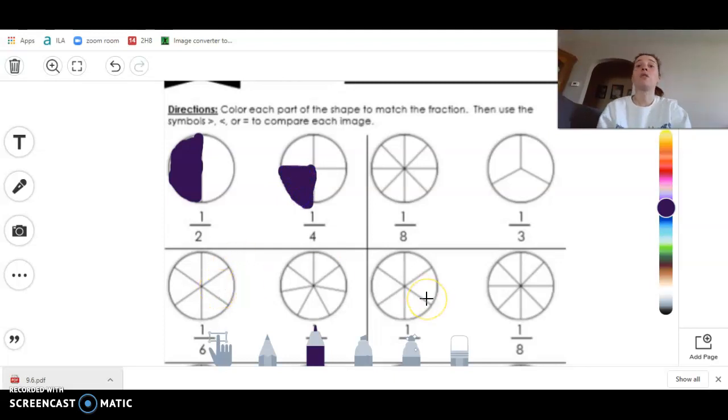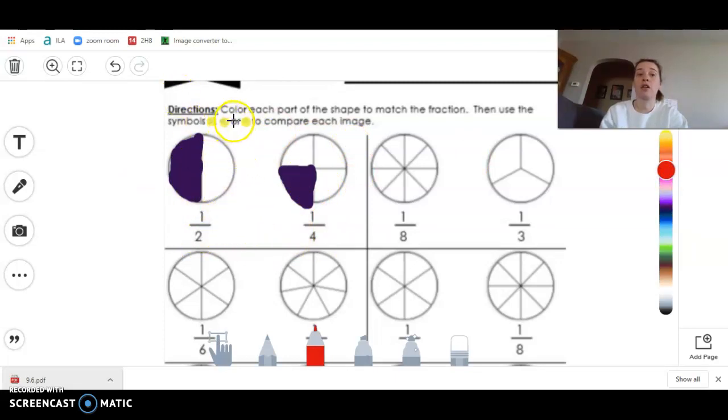1/4. Okay, so now there's another step. You're not just coloring them in. You have to use the symbols greater than, less than, or equal to. Which symbol am I going to use here?